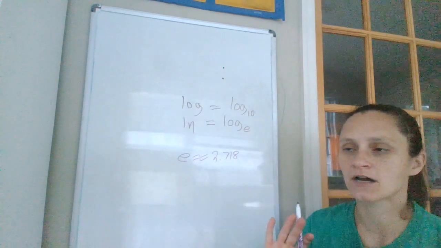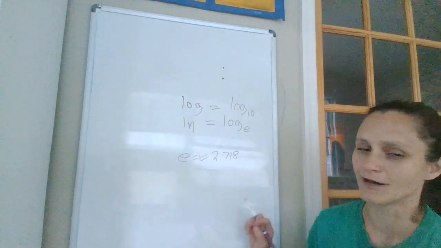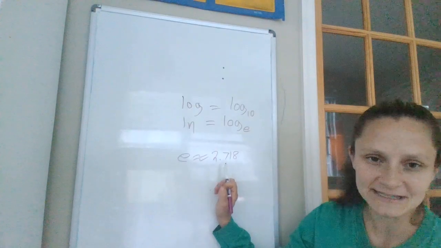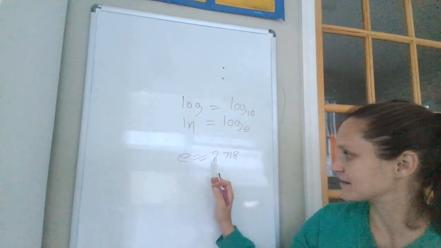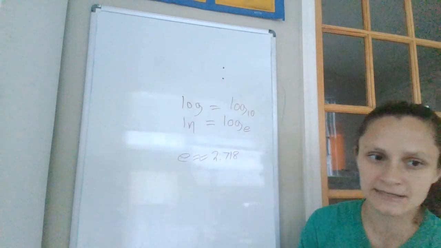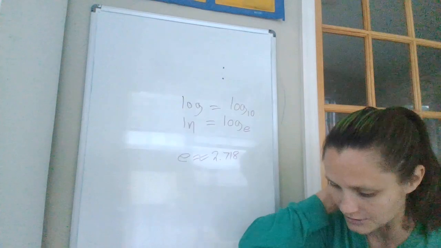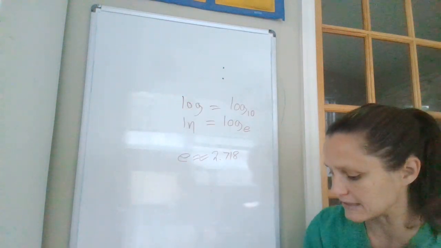And it is going to come up everywhere in higher levels of math and calculus. It's a really cool number. So, but anyway, that's what e is. It is a set number. It continues on forever. It's irrational. We can't represent it by fractions. We can approximate it many different ways, but just know that's what e is.